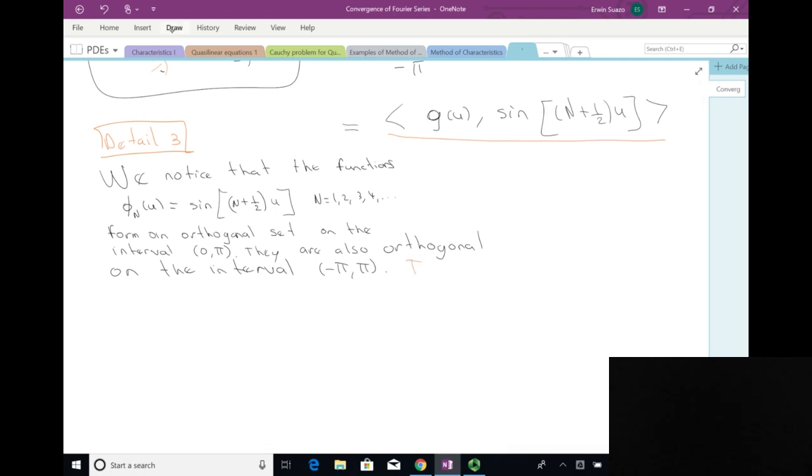Therefore, we can use Bessel's inequality. So let's write here Bessel's inequality.